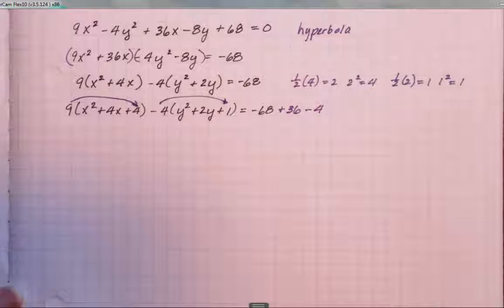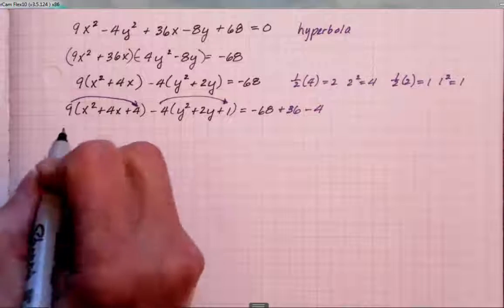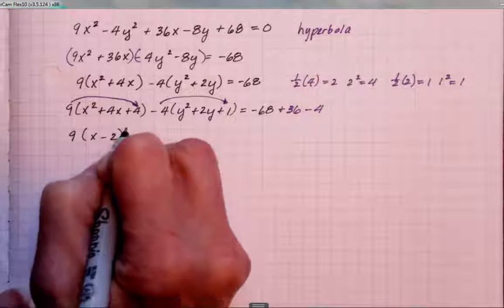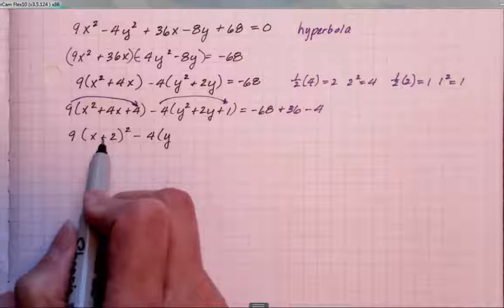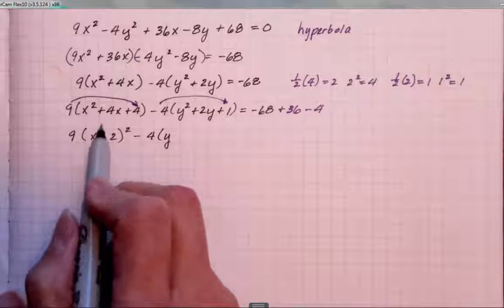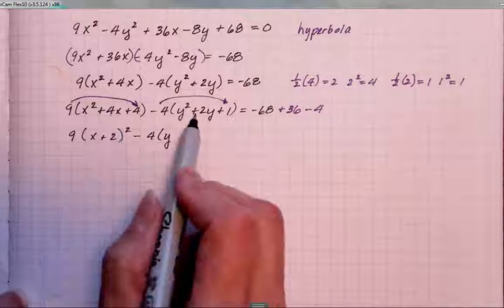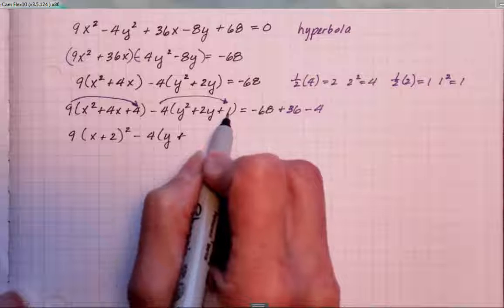I can go ahead and factor these perfect square trinomials. When I do that, I'm going to end up with squared binomials. Notice that when I'm writing my squared binomial, the operation is going to be the same as it is for your middle term. And then the second term is the square root of whatever you added.